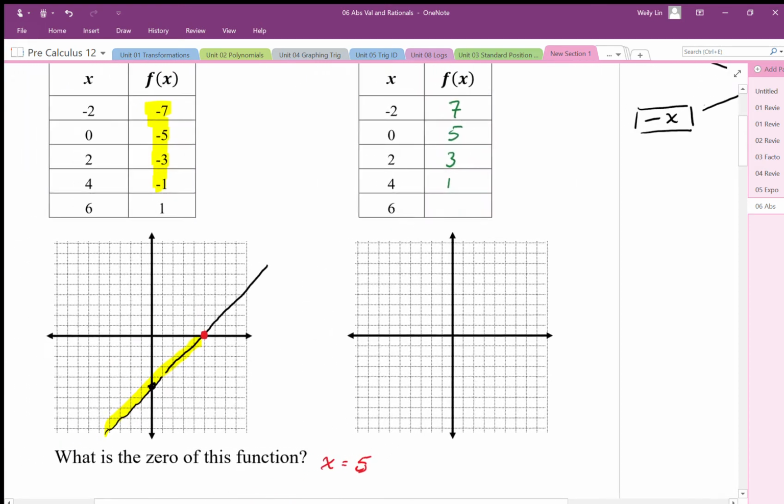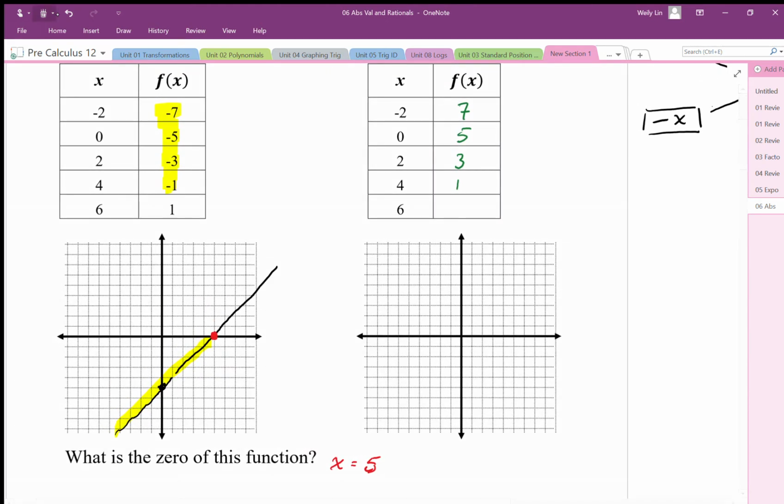And the coordinate we really need in here is our 0 coordinate. So when x is 5, y is 0. And that coordinate is the point that is going to be our mirror point, because that's the point that doesn't change. And that's the boundary between our positive and negative.